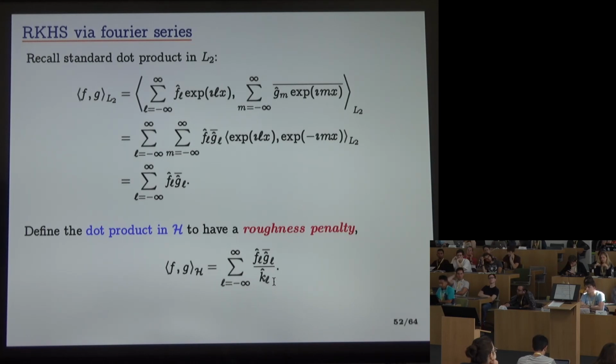And so the dot product between two kernels in L2 is not the kernel between the two arguments. It's something else. So this L2 dot product isn't going to have the reproducing property, while this dot product here is going to have the reproducing property. So dividing by k is necessary to ensure that the dot product between my features of y and my features of z is the kernel between y and z. Is that clear? Are there any questions about that?